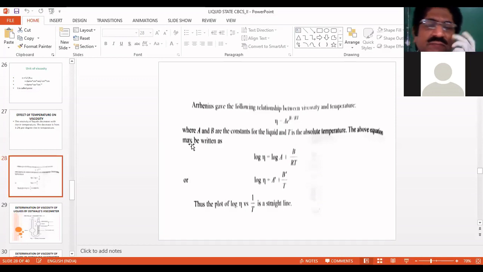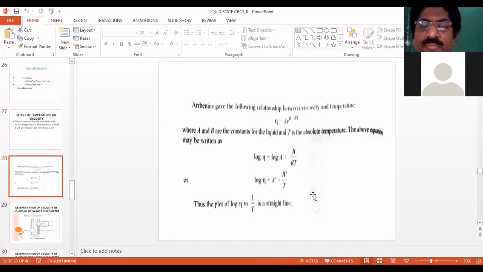The above equation may be written like this. If you take the log on both sides, then log eta is equal to log A plus B upon RT. Now this is a straight line equation.